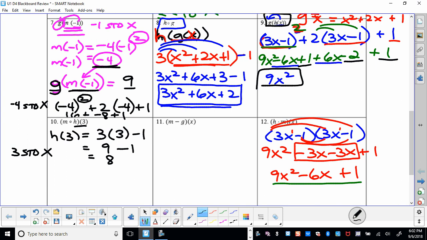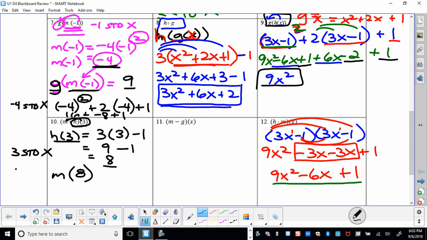All right. So that's that. And then now we're going to put that into m. All right. So I'm going to do m, and what I'm putting in is h of 3. Right? But h of 3 is 8. So I'm basically doing m of 8, true?